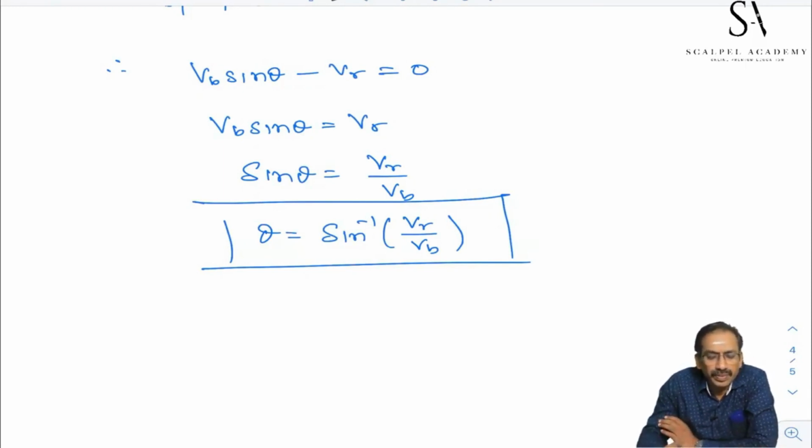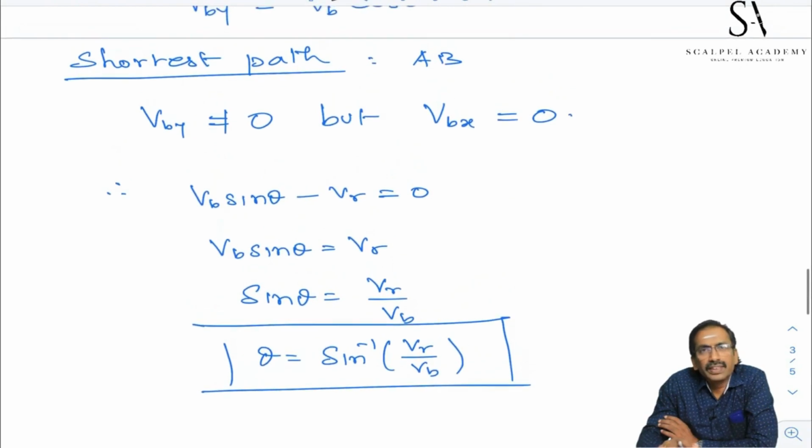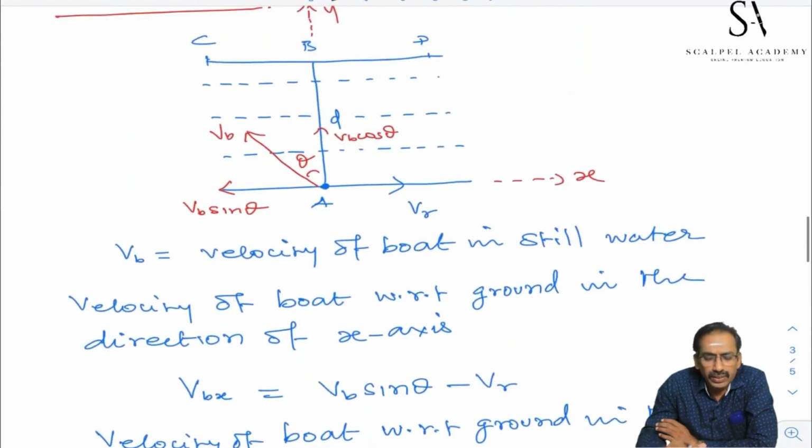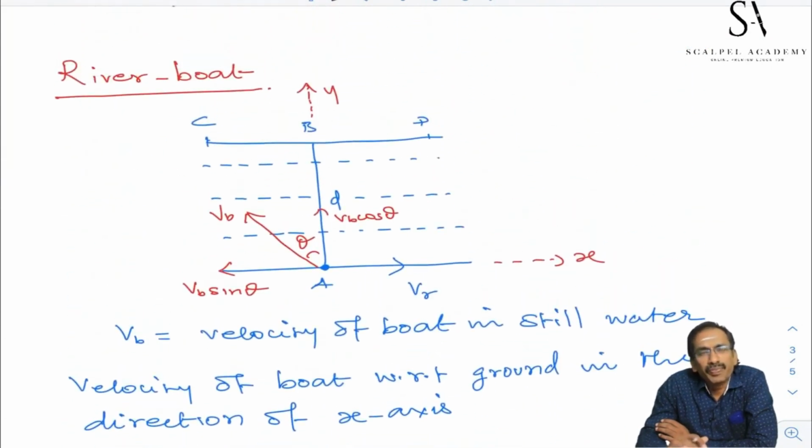Student, if the boat crosses in the shortest path, what is the time taken? No matter shortest path or any path, if the boat crosses the river, then the y-axis displacement is equal to the width of the river.